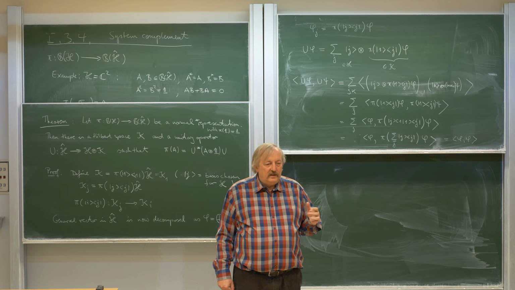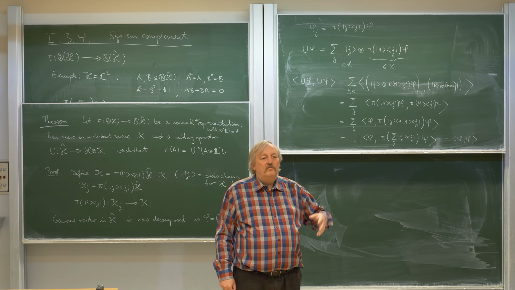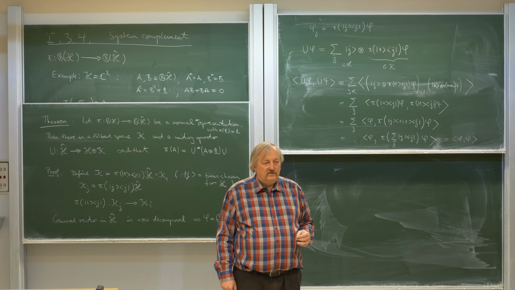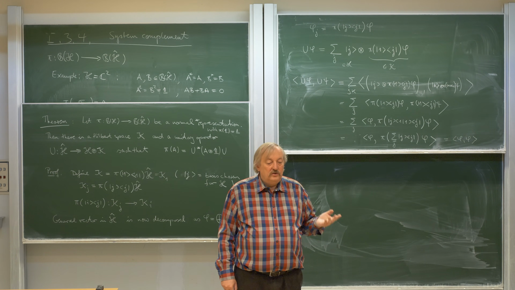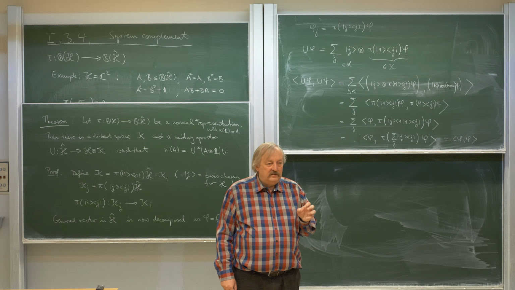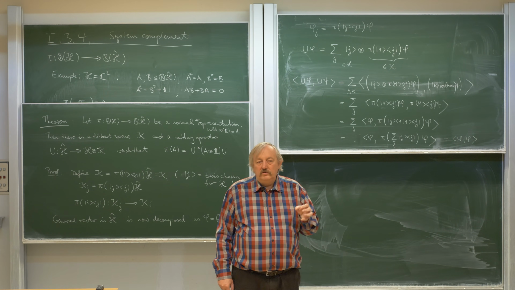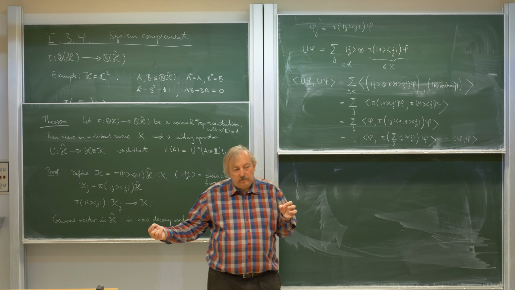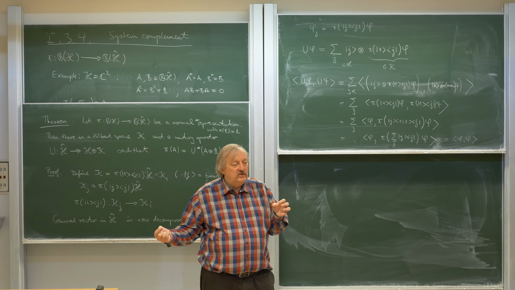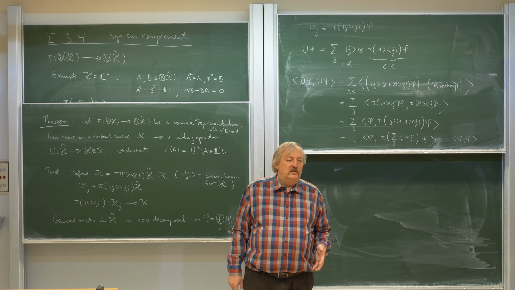Now, the only thing that could happen in addition would actually be a direct sum with a 0 representation. How do we see that? Well, pi of the identity, by the algebraic rules, has to be a projection. It would be the 0 projection for the 0 representation, but in general it's just some projection.